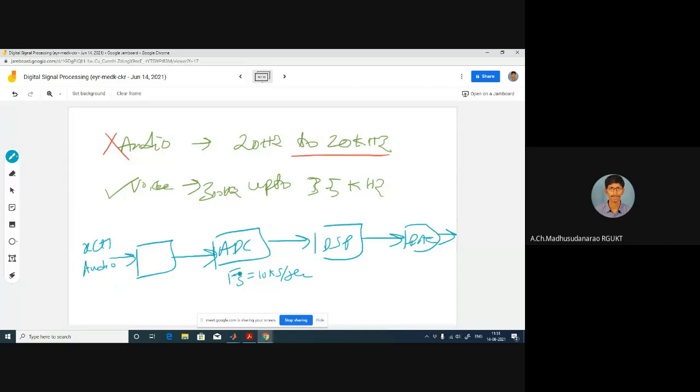Can someone answer? What is the highest frequency allowed at this point? 5 kilohertz, right? Now I want to process my audio file with the help of this DSP. It's not possible for me to process that entire band because some band is above 5 kilohertz that can't be processed with the help of this setup.